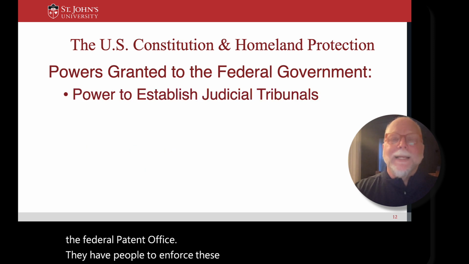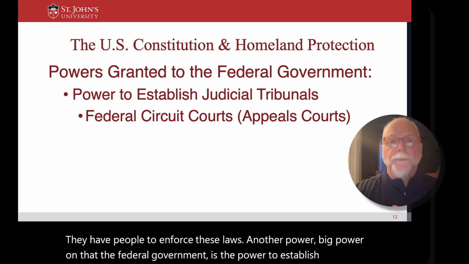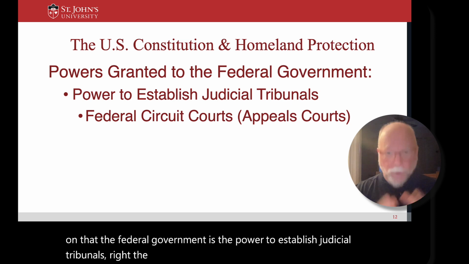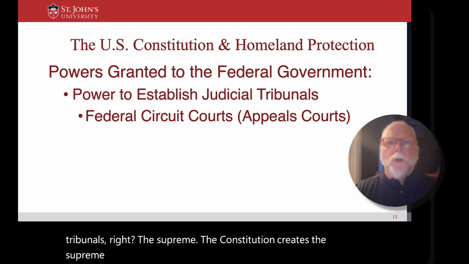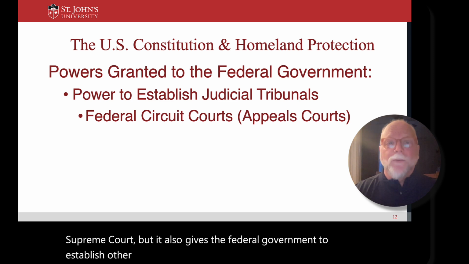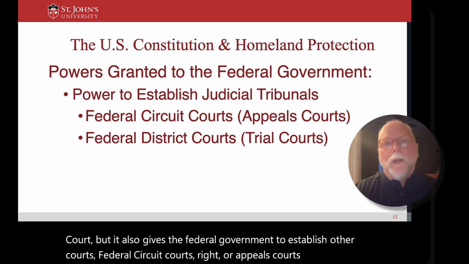Well, another big power that the federal government has is the power to establish judicial tribunals, right? The Constitution creates the Supreme Court, but it also gives the federal government the power to establish other courts: federal circuit courts, or appeals courts, and federal district courts, or trial courts.